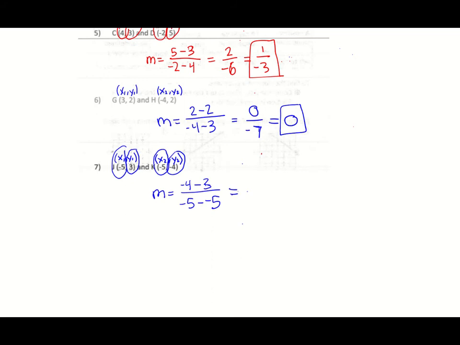Okay, so if I have negative 4 minus 3, that gives me negative 7 over negative 5 minus negative 5 is 0. Now I have the 0 on the bottom of my fraction, and we know that can never happen. That's impossible. So that means this one is undefined.